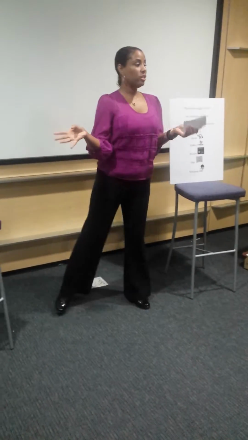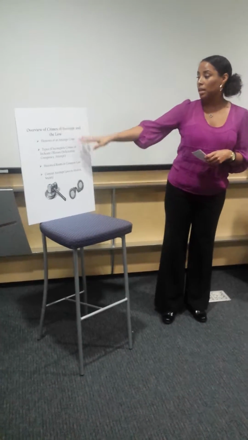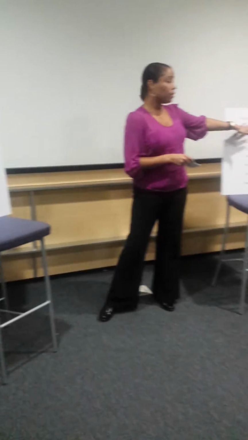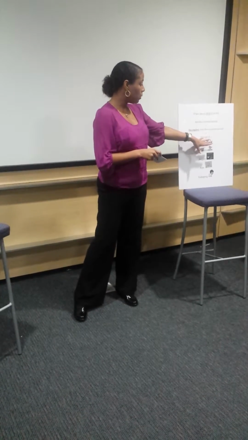So in conclusion, let's just review the 4 aspects of criminal attempt and the law that we've discussed. Elements of an attempt crime: we know we need the mens rea, or criminal intent, plus the incomplete actus reus, or criminal action, in order for the crime to rise to the level of attempt.